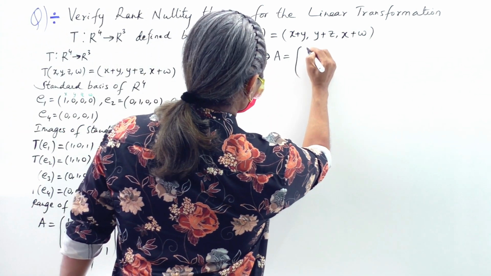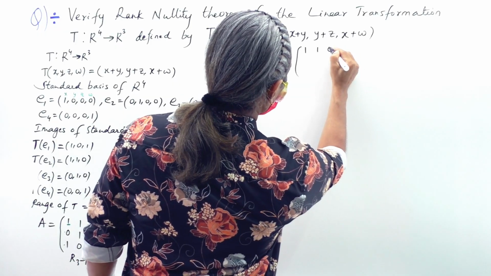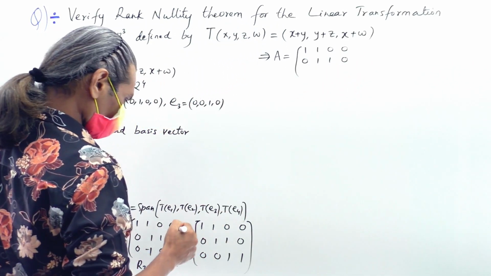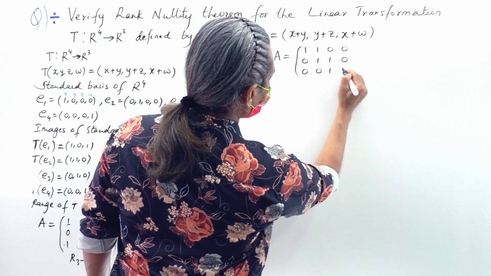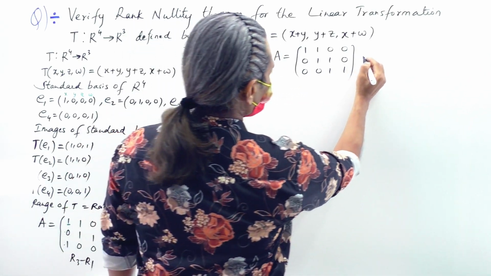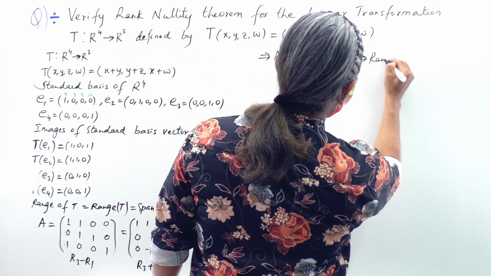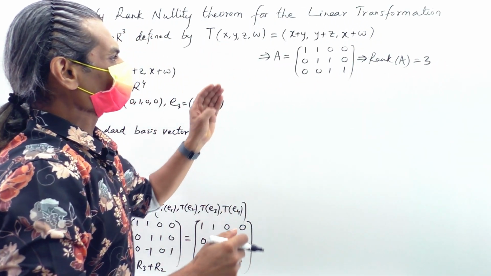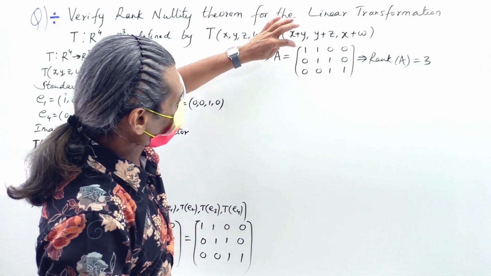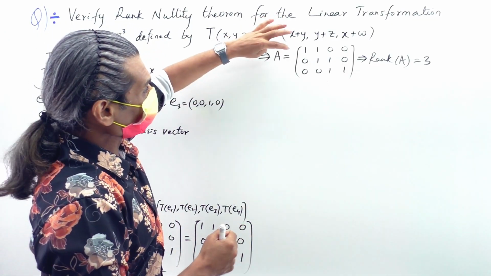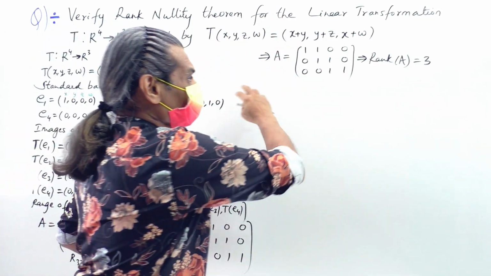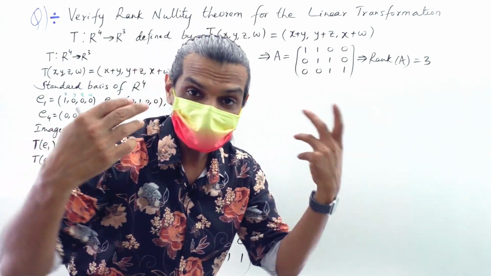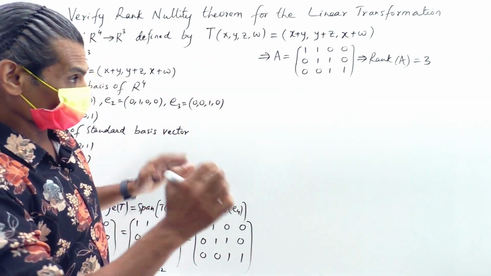So A is equal to 1, 1, 0, 0, then 0, 1, 1, 0, 0, 0, 1, 1. That implies the rank of A is 3. No full row is 0. If any full single row is 0, then you can remove it. But all 3 rows exist, so the rank is 3.